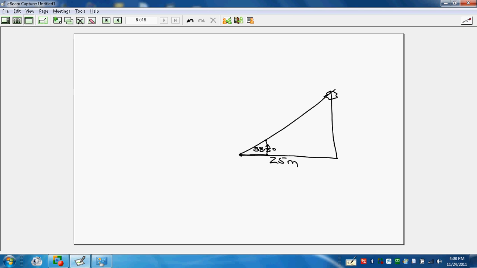Having gotten that, of course, they said it was a vertical tree, and if he's standing on level or horizontal ground, then the angle between the vertical tree and the horizontal ground will be 90 degrees. So this position here is the ground, which we say is horizontal ground.